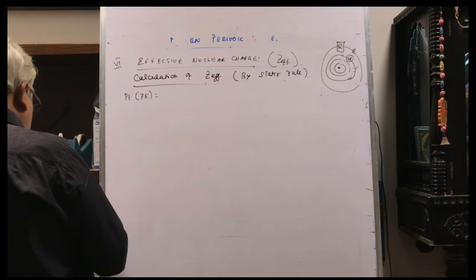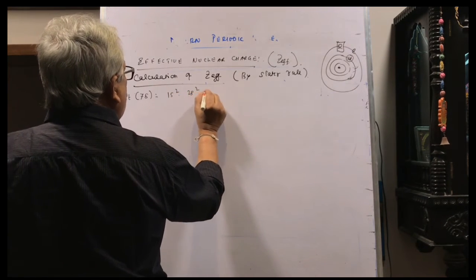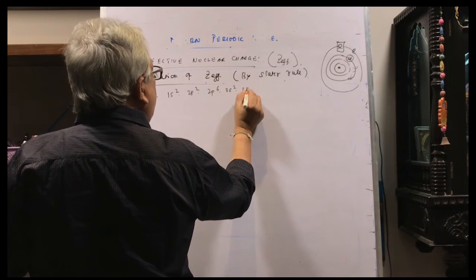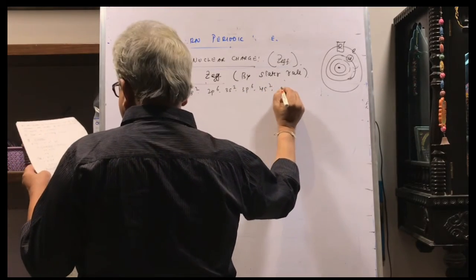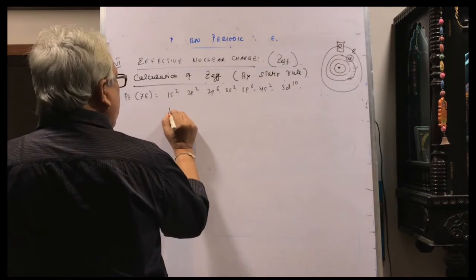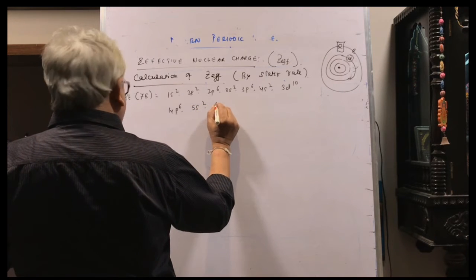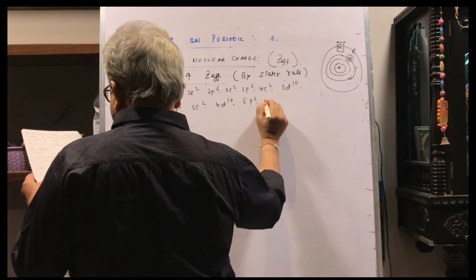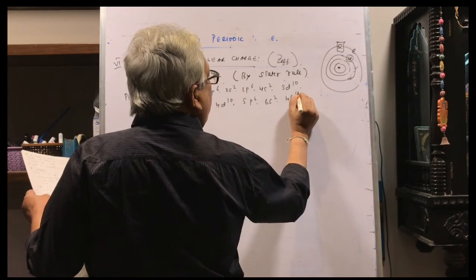So platinum atomic number 78, so it will be 1s2, 2s2, 2p6, 3s2, 3p6, then 4s2, 3d10, then 4p6, then 5s2, 4d10, then 5p6, 6s2, then 4f14.